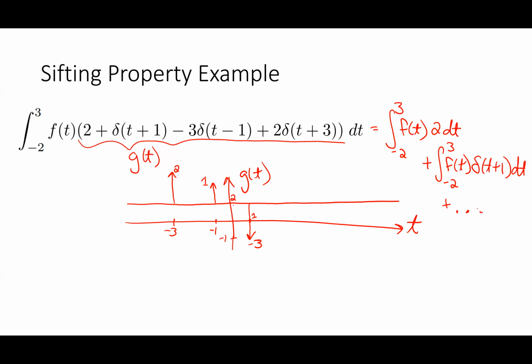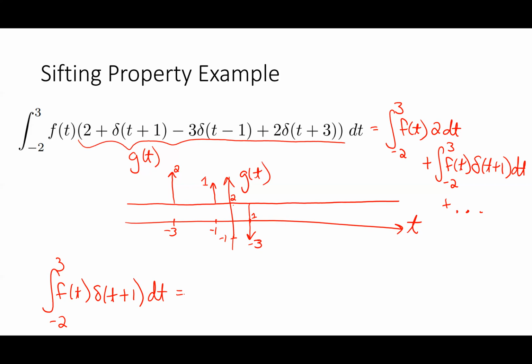So this first one, I need a function here, but it's the area under that function. What is the integral from -2 to 3 of f of t times delta of t plus 1? What would that give me?